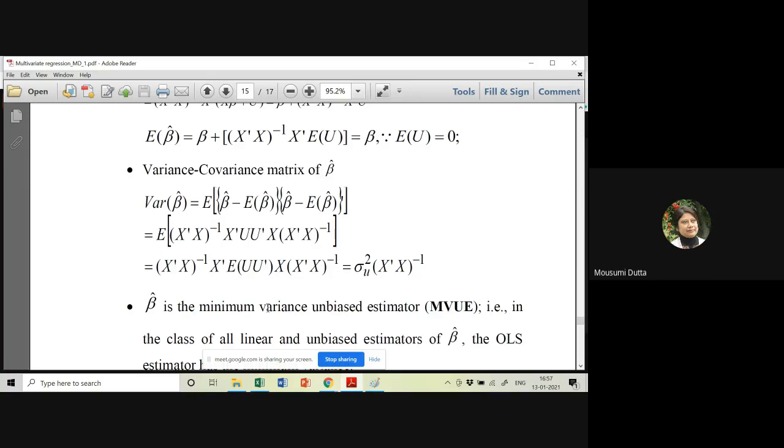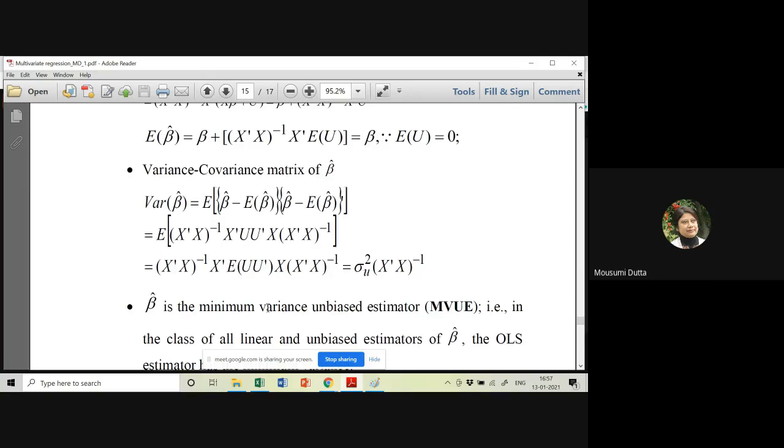In any book, you will get the derivation in the two variable chapter, where they consider an alternative linear and unbiased estimator, calculate the variance, compare it, and conclude that OLS gives the minimum variance. So you practice that thing. If anyone has any difficulty, let me know, and I'll try to answer that particular student.